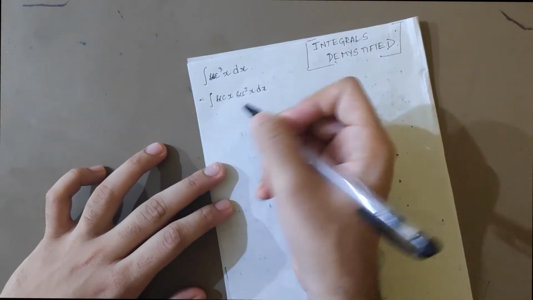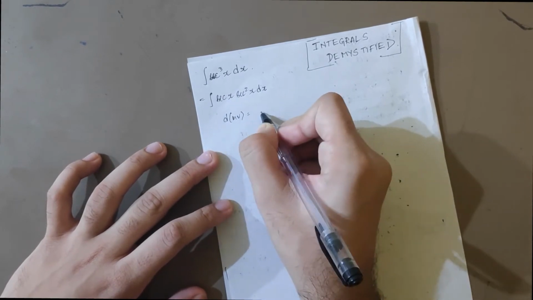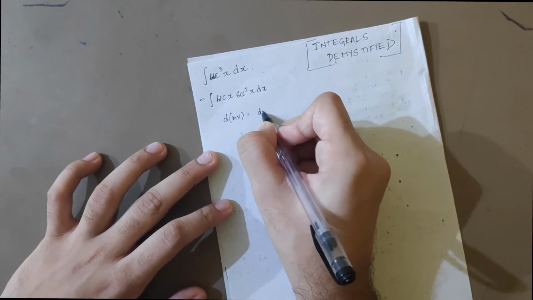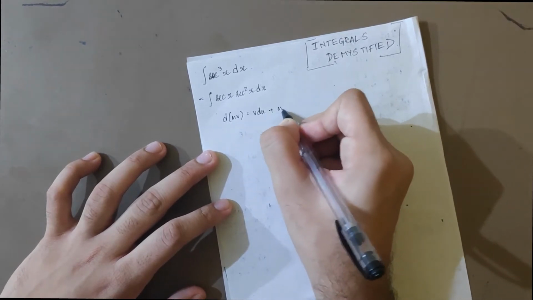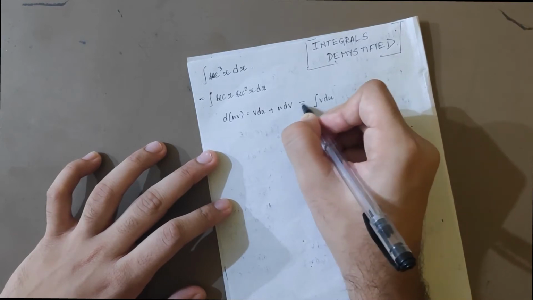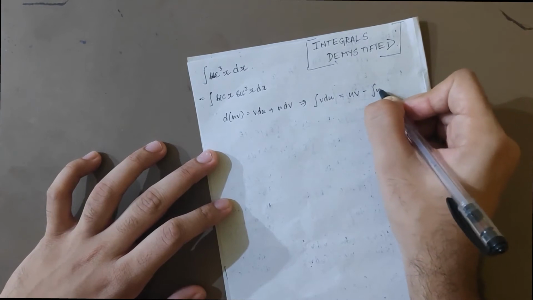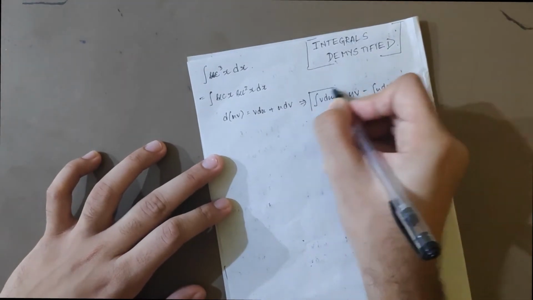And so you know that if you have a total derivative of a function uv, then it comes out to be v du plus u dv. Then integral v du, because of the relation, comes out to be uv minus integral u dv. How?